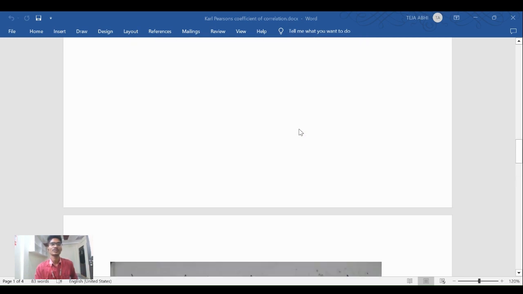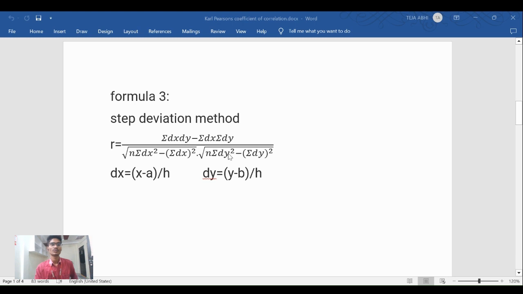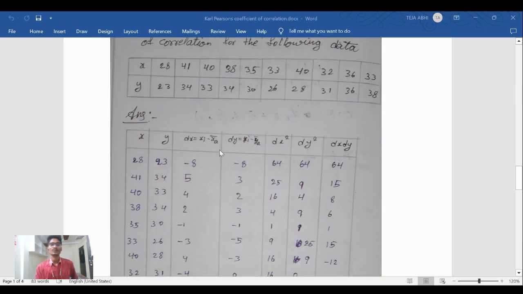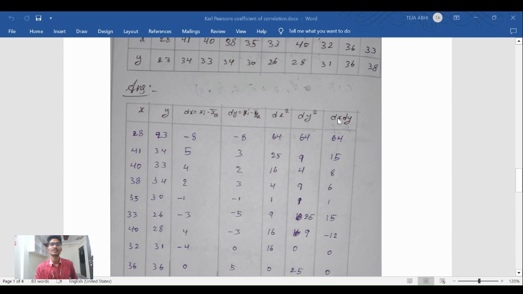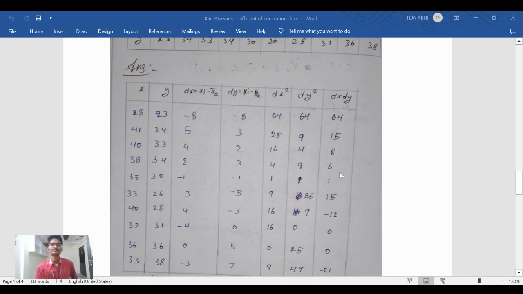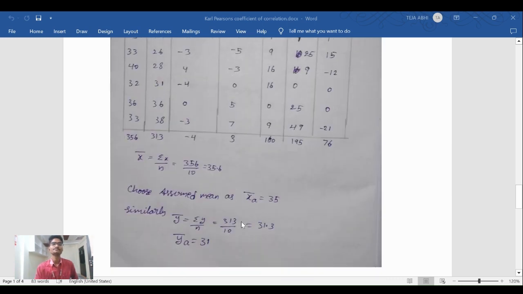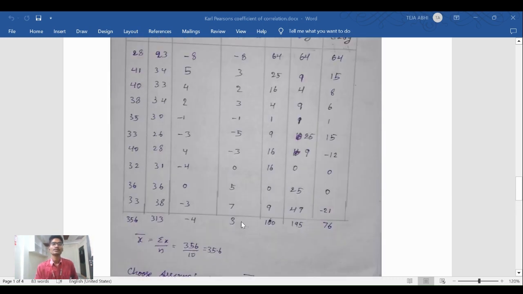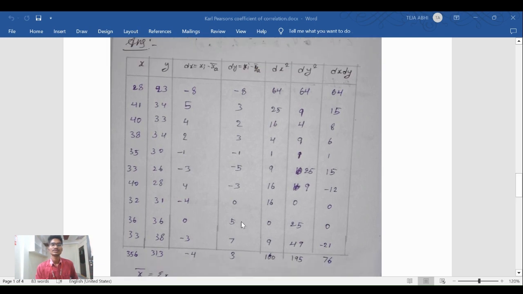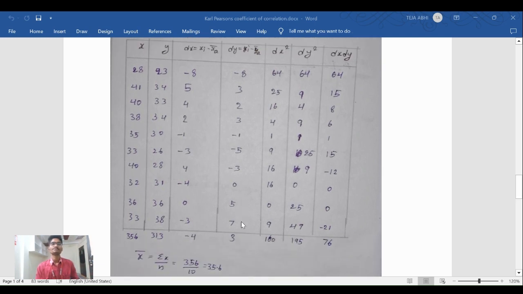And then, if you see the formula, we have to find the value of dx into dy and its summation. So here I find the values of dx into dy also. Make sure that you find the summations of all these values, which will be required later. See the table once.